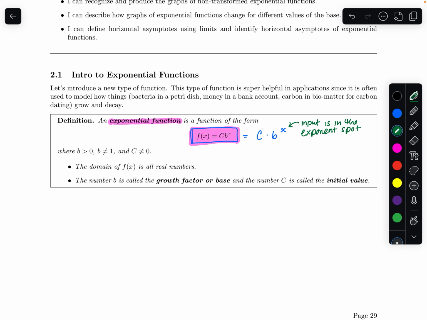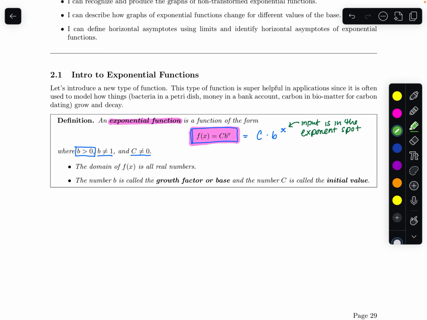So exponentials do have some restrictions on them. One of the first ones is that the base value is going to be bigger than 0. We also don't want it to be equal to 1. And we don't want our c value to be equal to 0, or else we're multiplying by 0 and nothing really interesting happens, right?